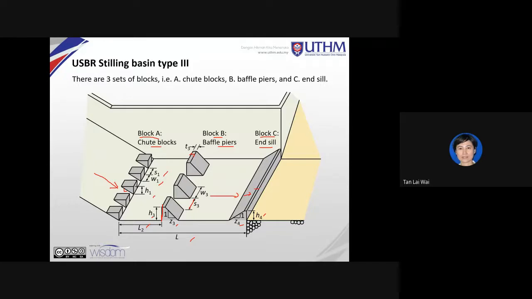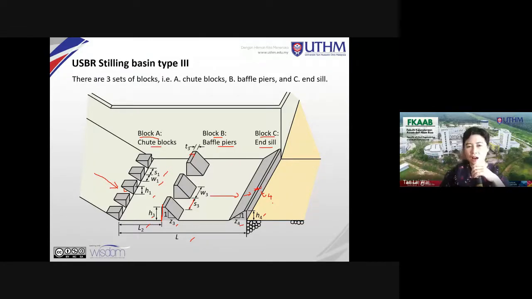Sometimes the formula gives you the thickness for T4 also, so you have to find it out. Now, if there's a question that asks you to design Stilling Basin Type 3, you need to give all these dimensions.